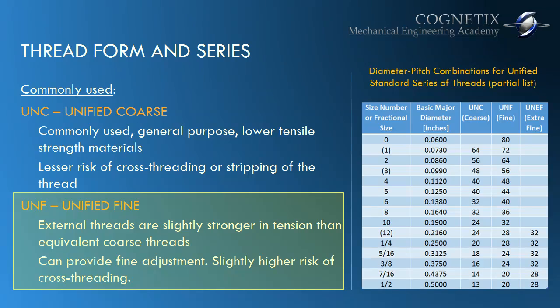That's because the tensile stress area is slightly larger in the Unified Fine thread than in the Unified Coarse thread for the same screw size. Also, the Unified Fine thread can provide fine adjustment a little bit better than the coarse thread. And there is a slightly higher risk of cross-threading, but depending on the application, you need to choose whatever works best.